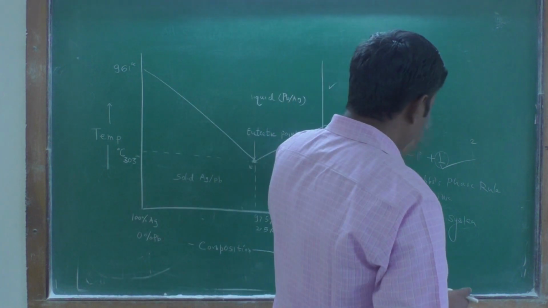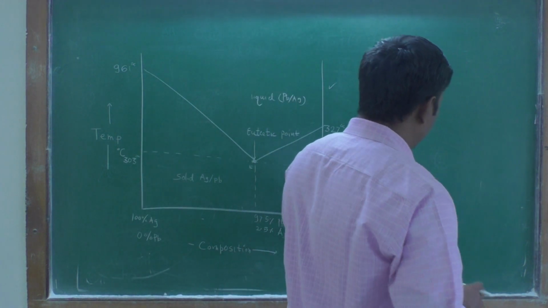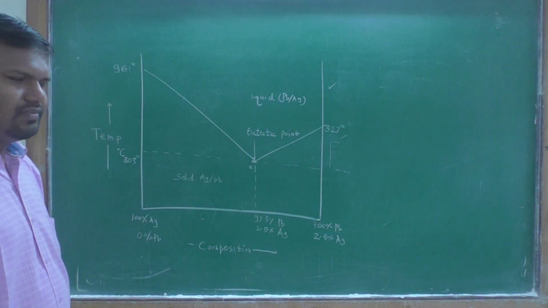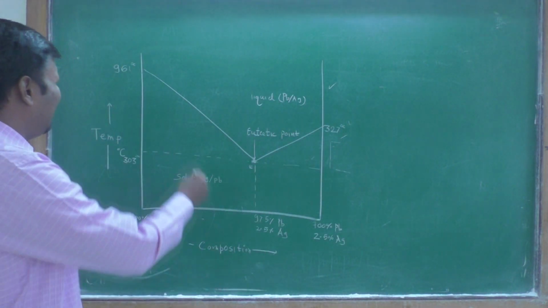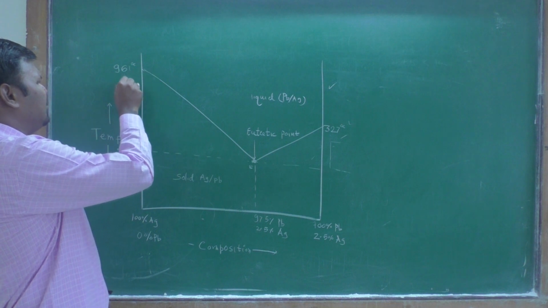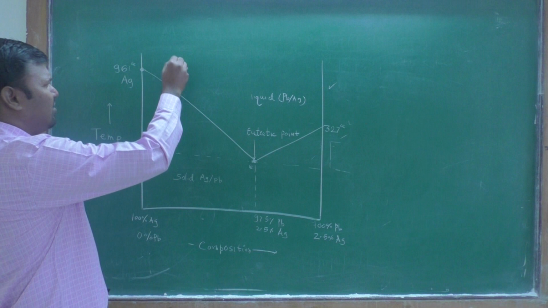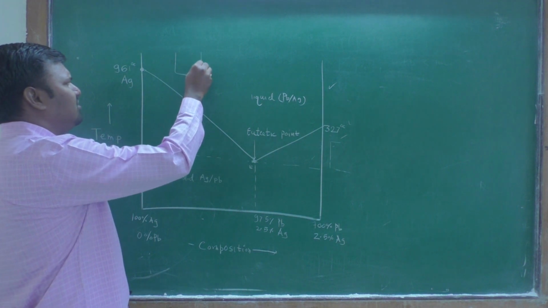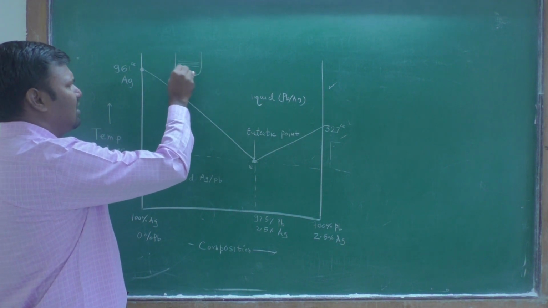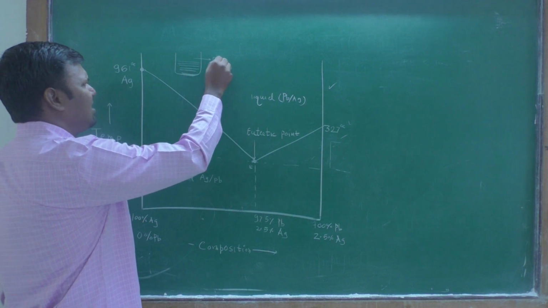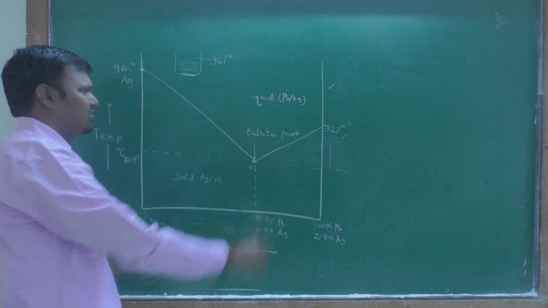Now, what is the meaning of the actual diagram? We have to discuss it. Here, silver: suppose we have a jar, and in this jar only silver is there, and you heat it to 961 degrees Celsius.